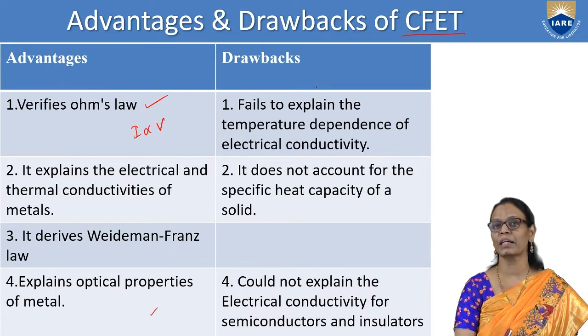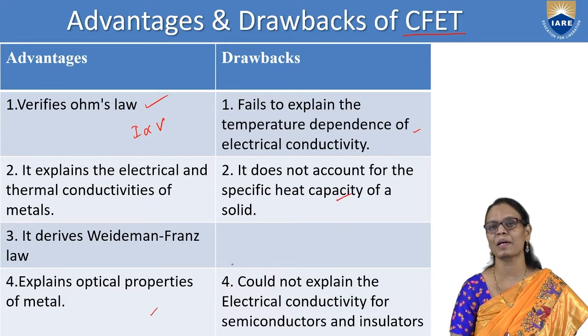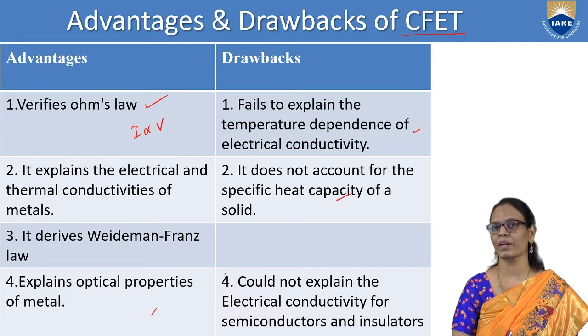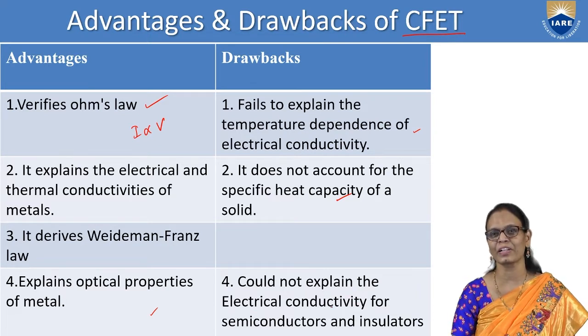Coming to the drawbacks, the failures, what it could not explain. It could not explain the temperature dependence of electrical conductivity, and it does not account for the specific heat capacity of a solid. It could not explain why the specific heat capacity of a solid is fixed for a given material, and it could also not explain the electrical conductivity for semiconductors and insulators.